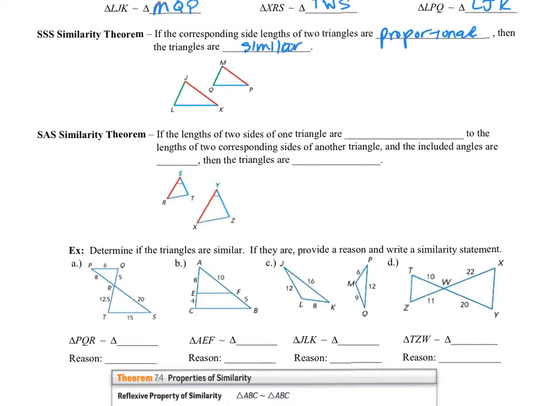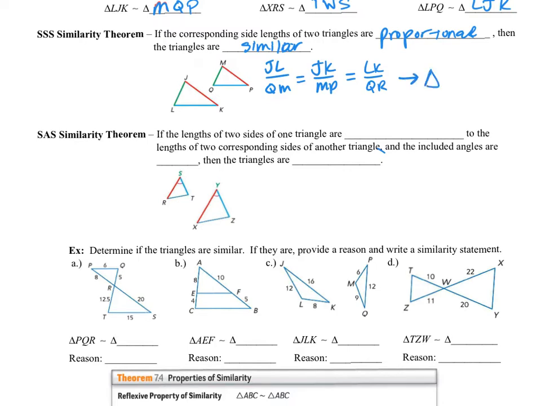So for example, and I know you don't have colors in your notes, but if it were true that the ratio of this green side to this green side, and again, I'm going to write some proportions, and there would be many right ways to write that. If the ratio of JL to QM is equal to the ratio of the red sides, that would be JK to MP, and if that is equal to the ratio of the blue sides, which would be LK to QP, if the ratio of these measures are all equal, that's enough to guarantee that those two triangles are similar.